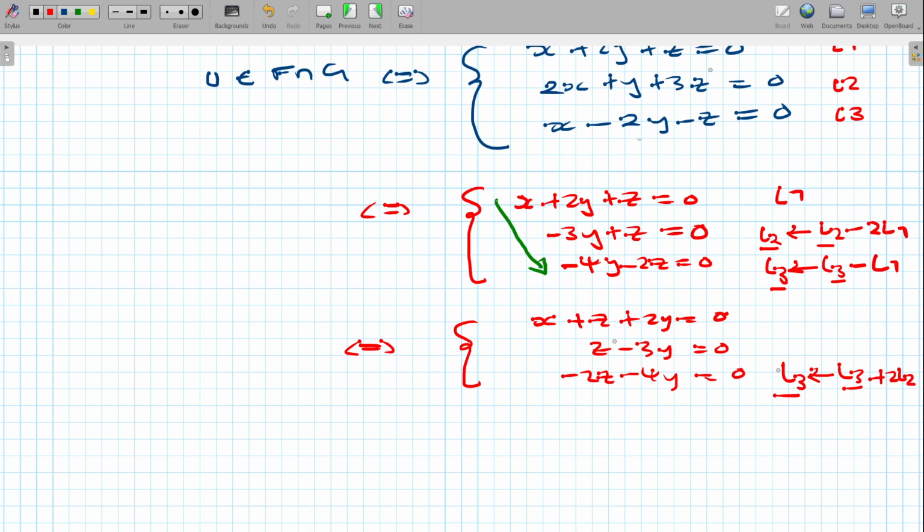So if I multiply 2 by the second line, the coefficients for z in line 2 and line 3 are going to be equal in magnitude. If I add them, the first one is positive, but this one is going to be negative. And so I'll get the following system.